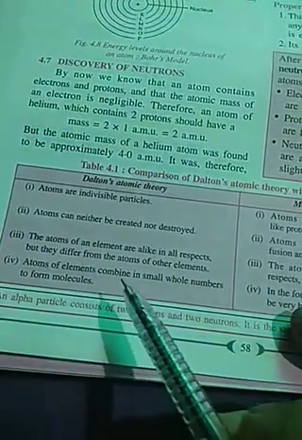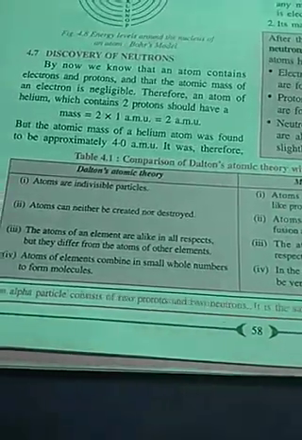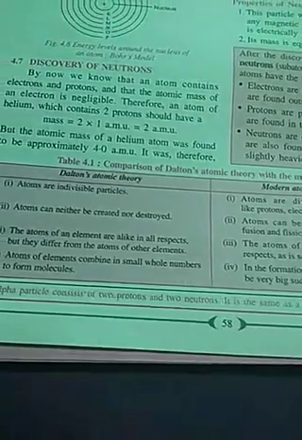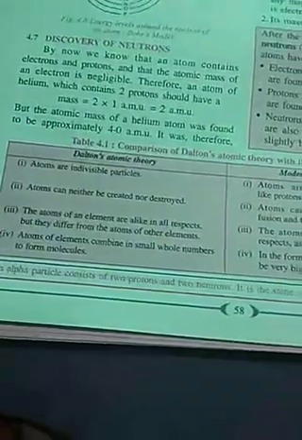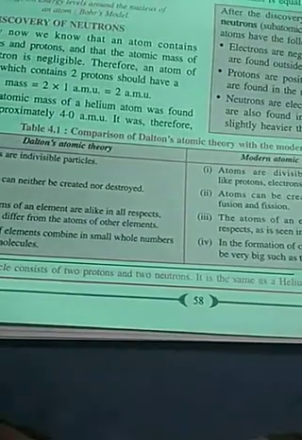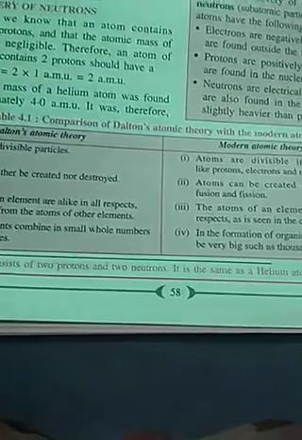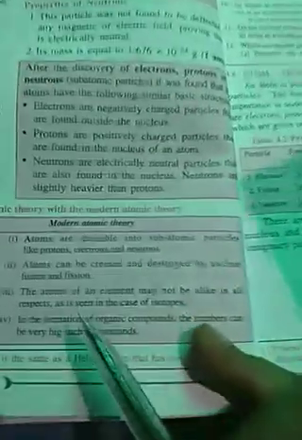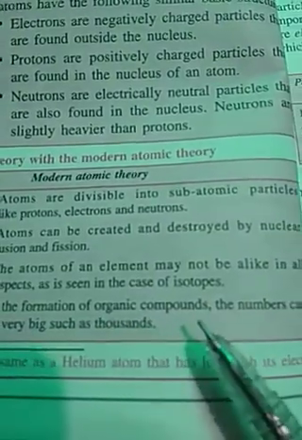Atoms of elements combine in small whole numbers to form molecules. Small numbers, one atom, two atoms, three atoms, and they combine in whole numbers, not in fractions. We cannot say 3.5 atoms combined, no, either 3 atoms or 4 atoms. Their atoms cannot be divided, so it will never be a fraction. But in class 10 chemistry, we will study organic compounds.